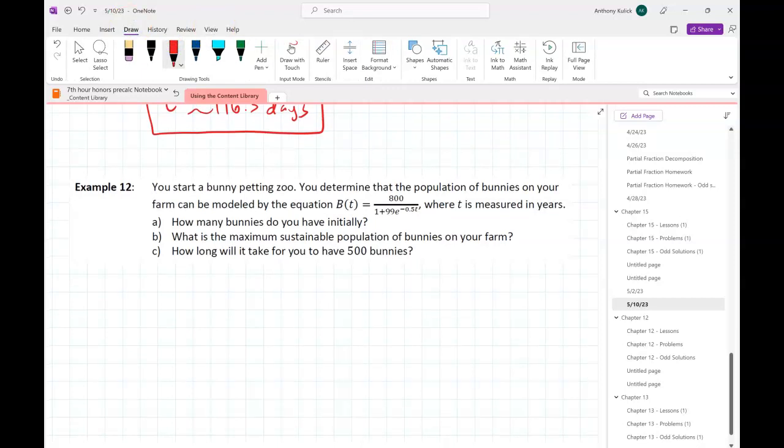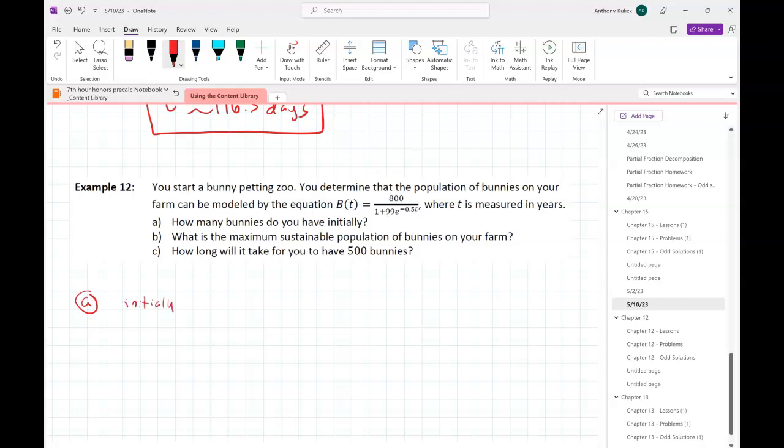You determine that the population of bunnies on your farm can be modeled by the equation B of t equals 800 all over 1 plus 99 e to the negative 0.5 t, where t is measured in years. Okay, so we're given our logistic model there. And then it says, how many bunnies do you have initially?